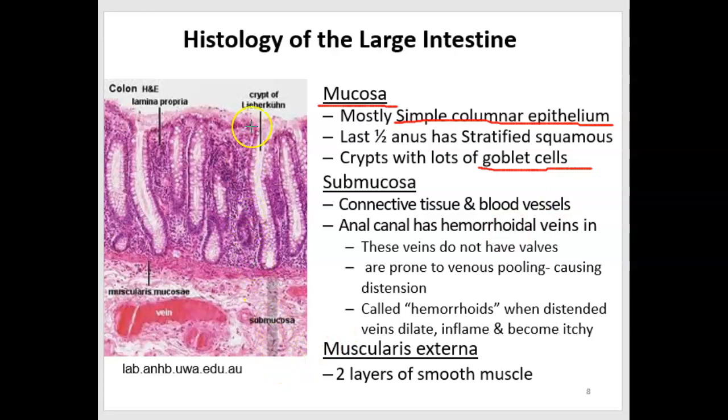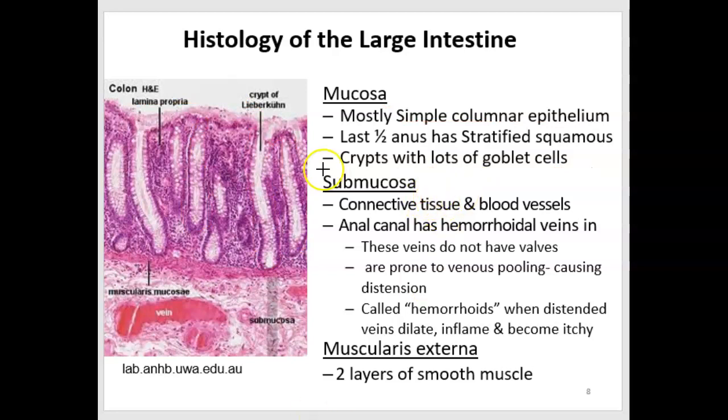And these goblet cells are found in infoldings called crypts. Crypts of Lieberkühn, we don't have to know that, just crypts. And so there's a lot of goblet cells creating heaps of mucus, which of course is just going to help propel the feces down the length of the large intestine.